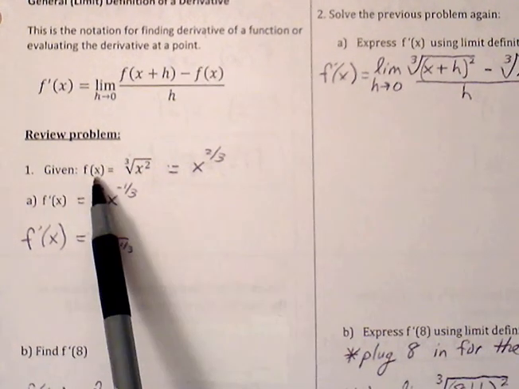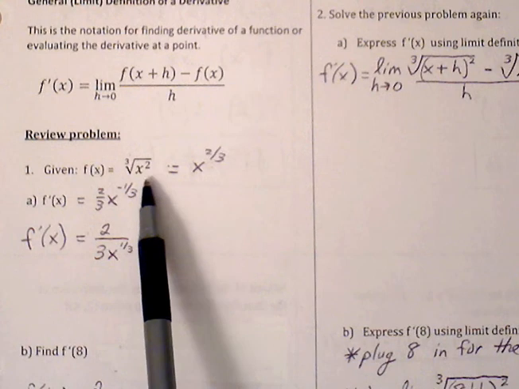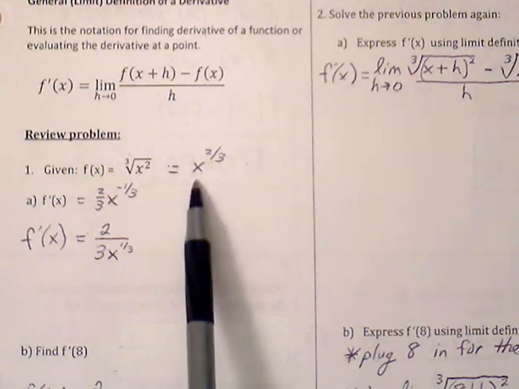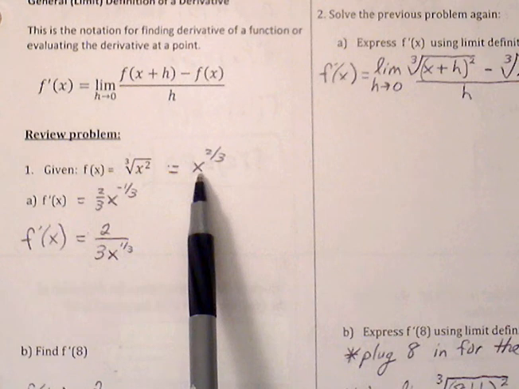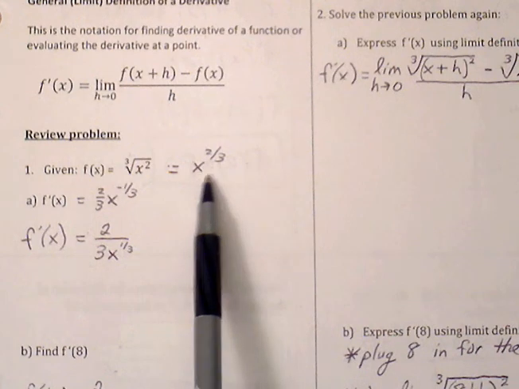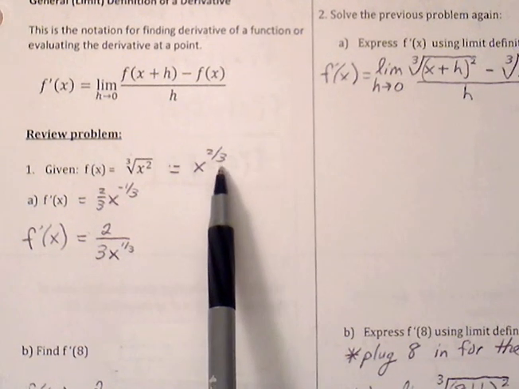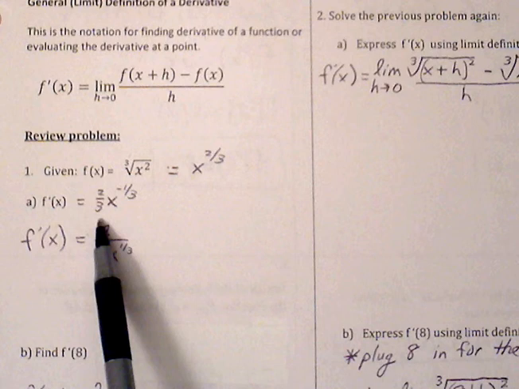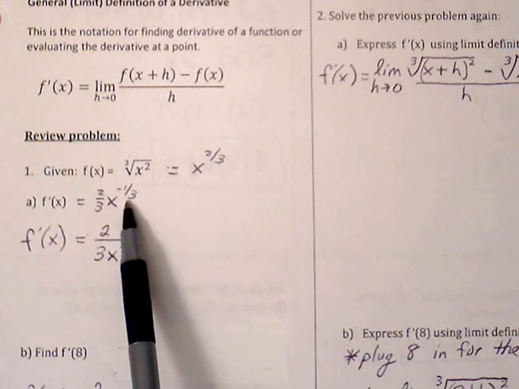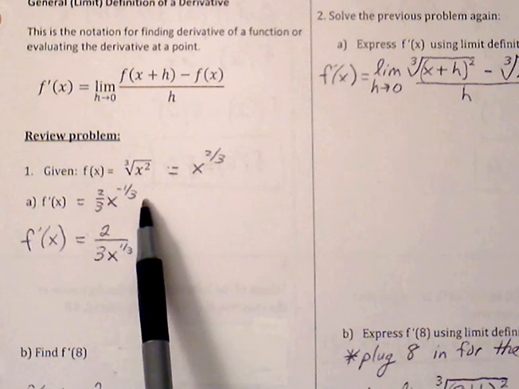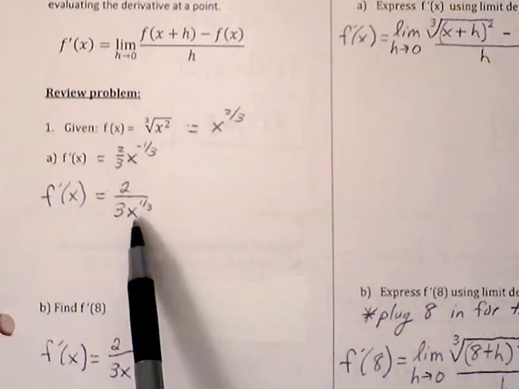Let's say we're given f of x equals cube root of x squared. If I ask you to find the derivative, you would first get it into exponential form, and then you would decide that this is ready to apply the power rule. So we bring down the 2/3, subtract 1 from the original exponent, and bring that variable down to the denominator.